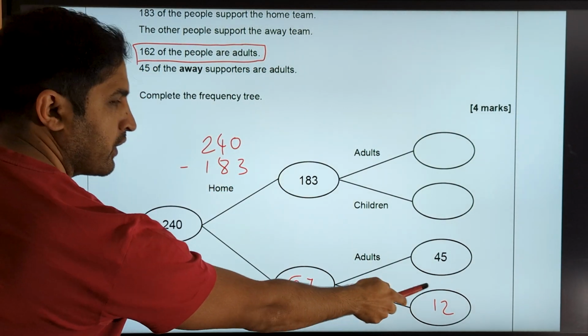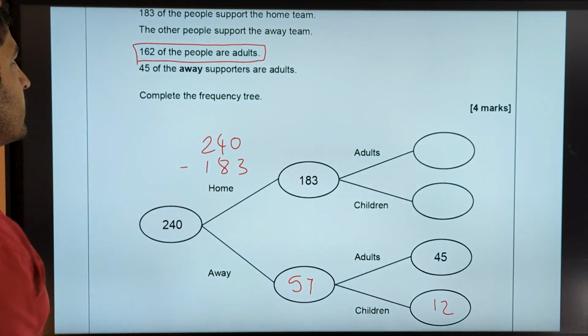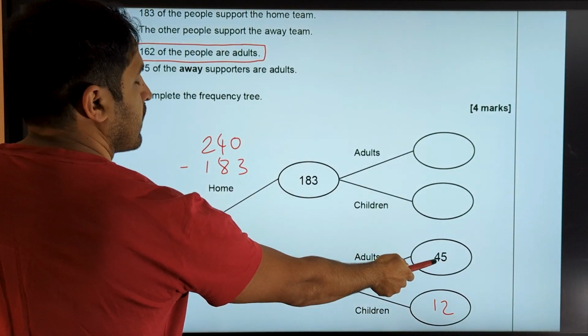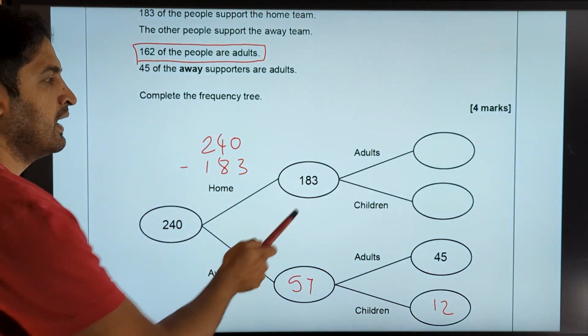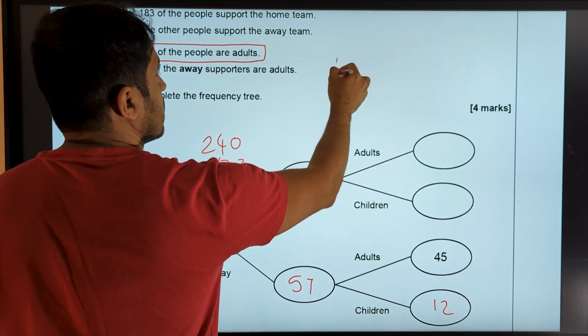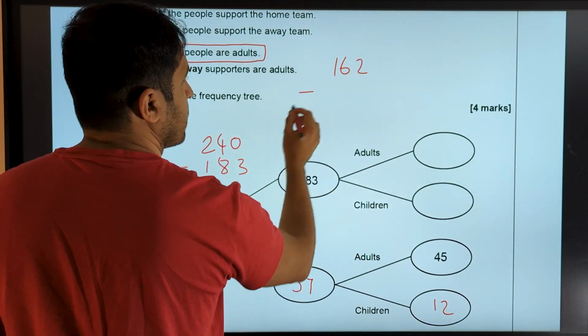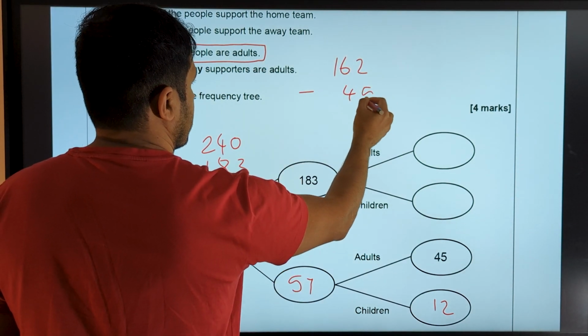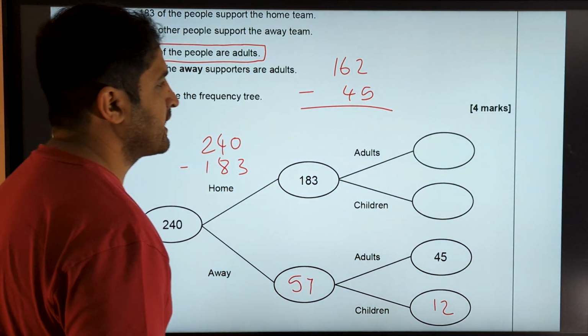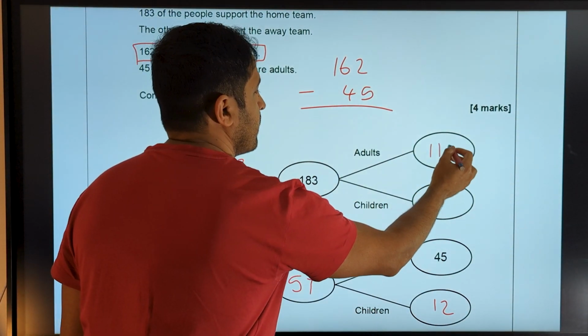So you get 1 mark from here and 1 mark there. So we're saying, okay, 162 adults, and we already know 45 are away adults. So how many adults are there for the home? So we're doing 162 take away 45, and that gives you your home adults, which is 117.